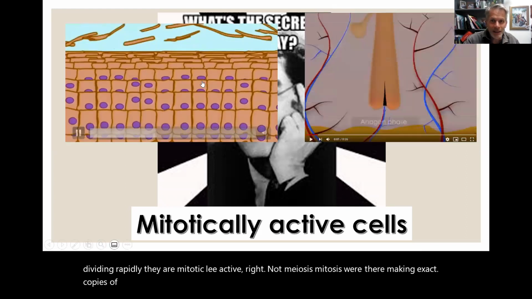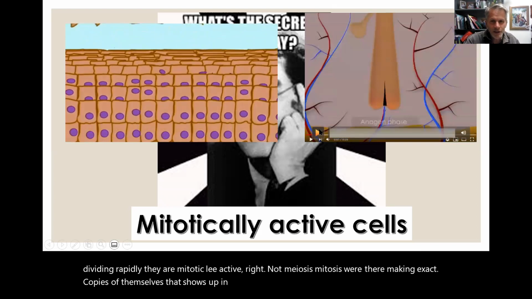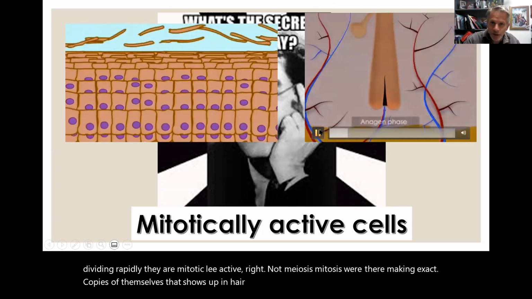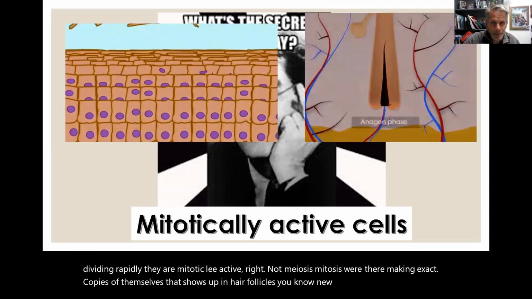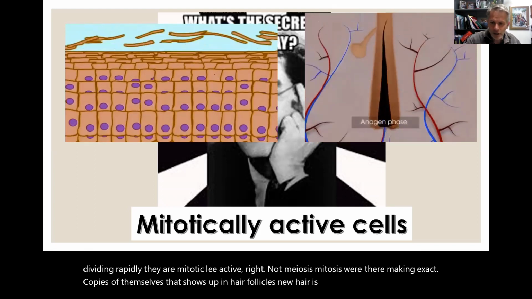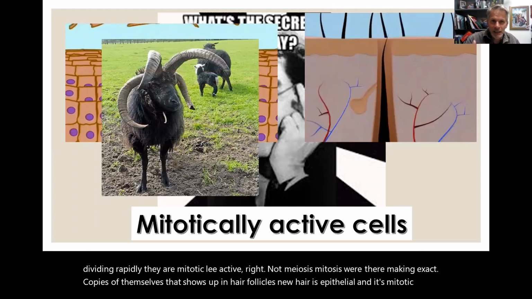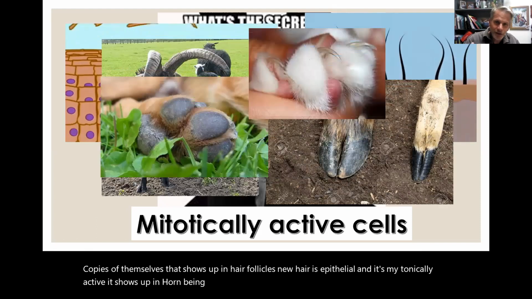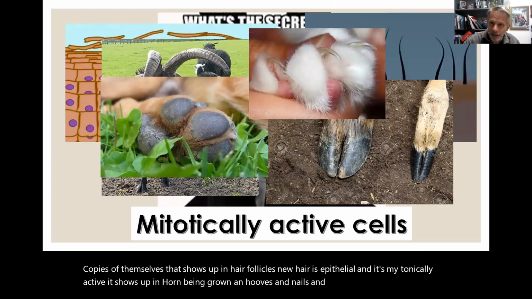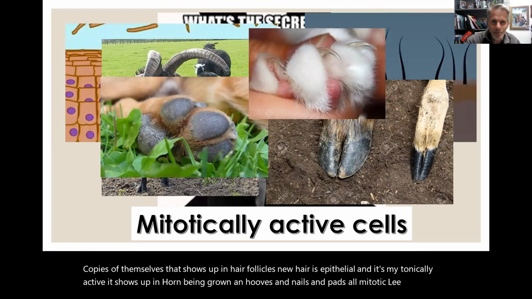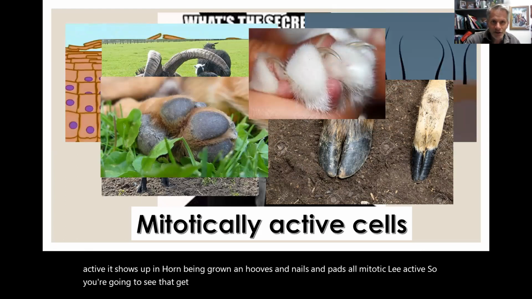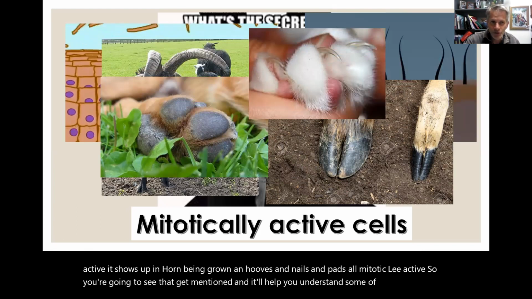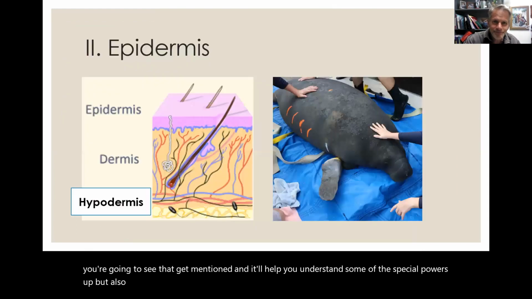It shows up in hair follicles: new hair is epithelial and it's mitotically active. It shows up in horn being grown and hooves and nails and pads, all mitotically active. So you're going to see that get mentioned, and it'll help you understand some of the special powers, but also some problems that we see.